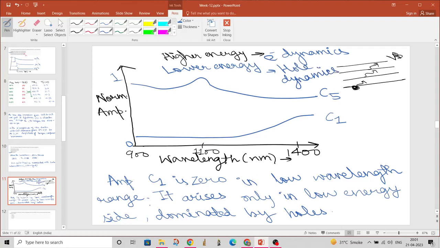So that's why they concluded that the C1 amplitude is 0 in the low wavelength, that is higher energy, and it is present in the higher wavelength, that is smaller energy. So this part is dominated by the holes and not by the electrons.